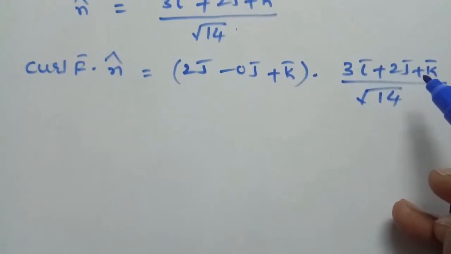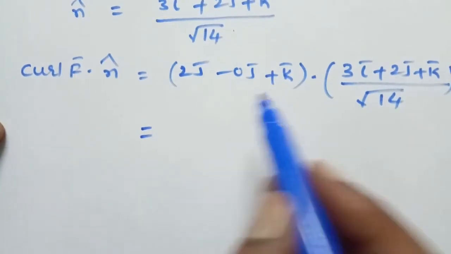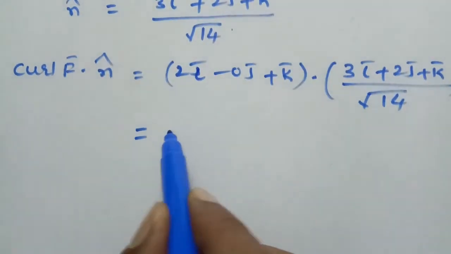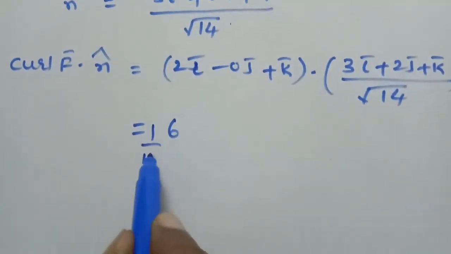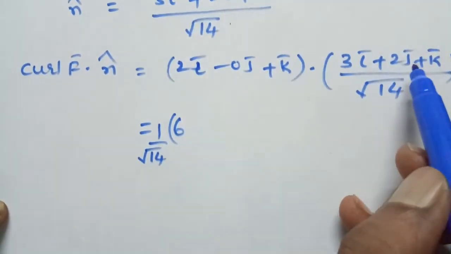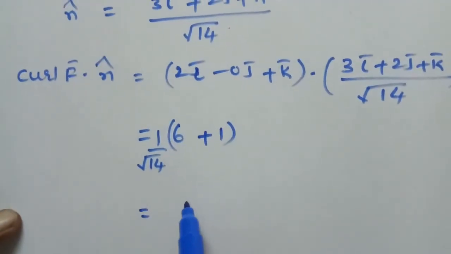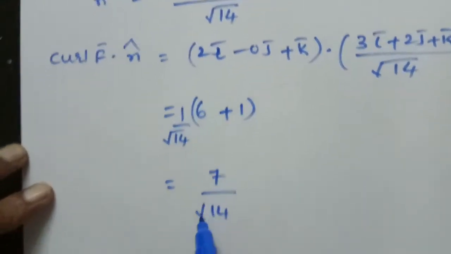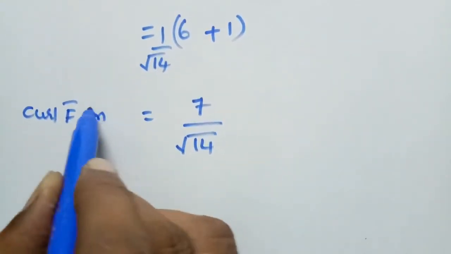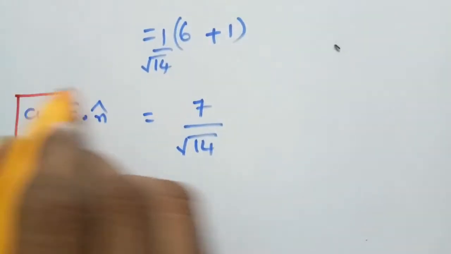Therefore, i bar dot i bar is 1, j bar dot j bar is 1, k bar dot k bar is 1, other dot products being 0. 2 into 3 is 6 by root 14, 0 into 2 is 0, and k bar dot k bar gives plus 1. This is equal to 7 by square root of 14. This is curl f bar dot n cap.